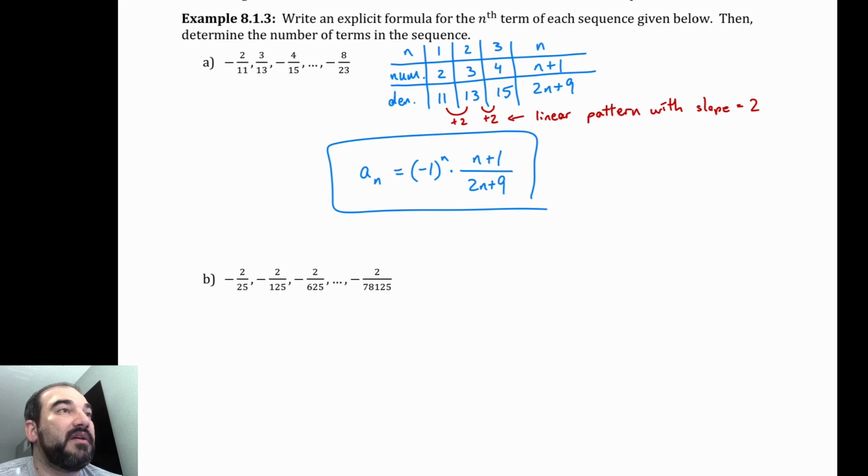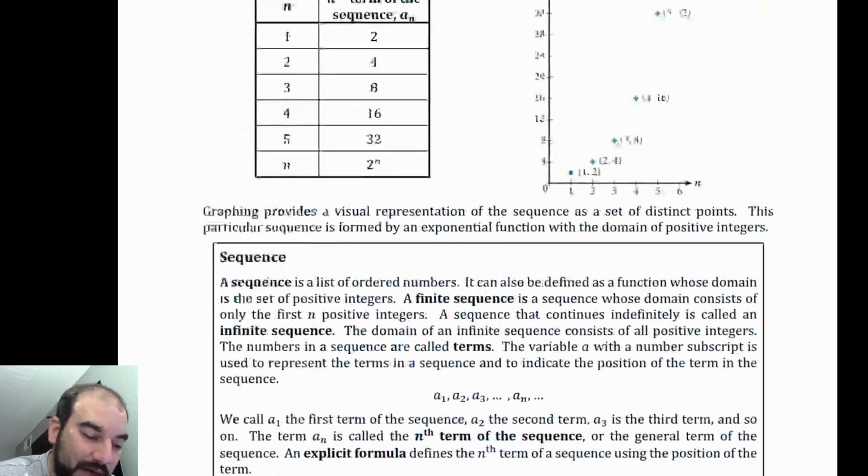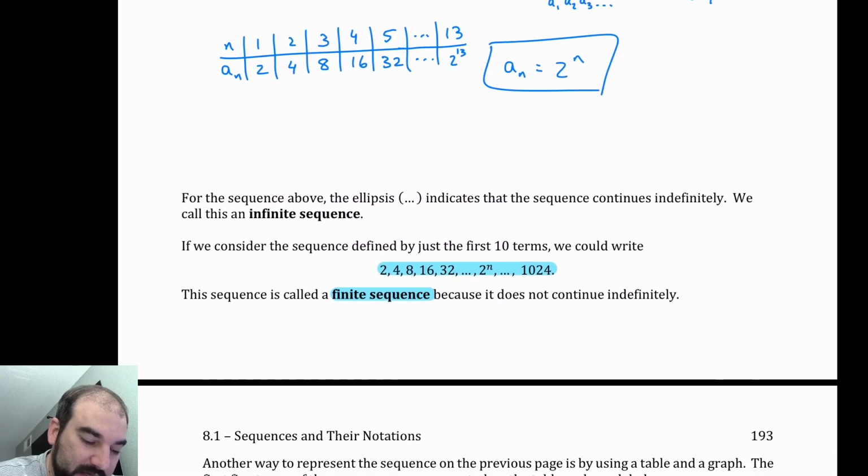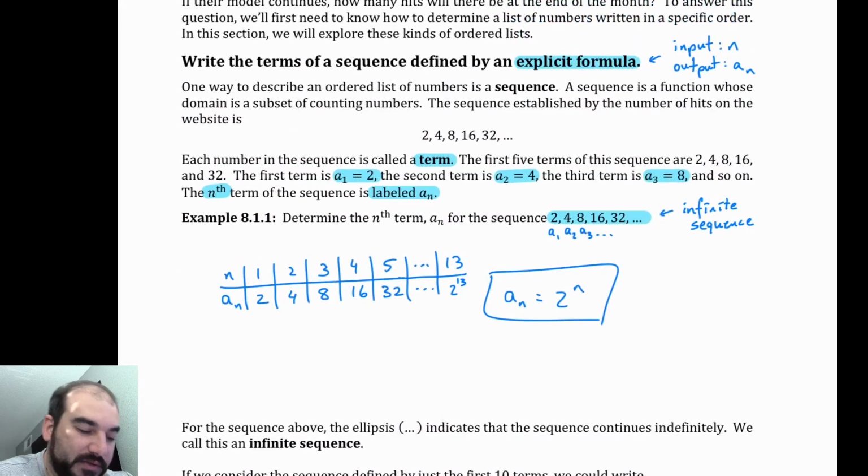If, on the other hand, you're multiplying by something from one term to the next, and we saw an example of that earlier where we had 2, 4, 8, 16, 32, so here we have a times 2 pattern from one term to the next. If you have a multiplication pattern, then you have an exponential pattern.